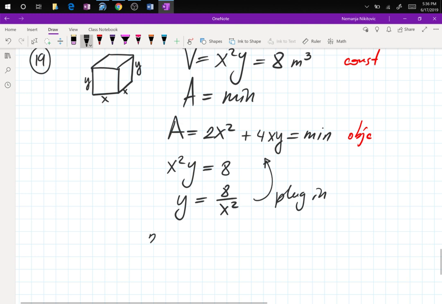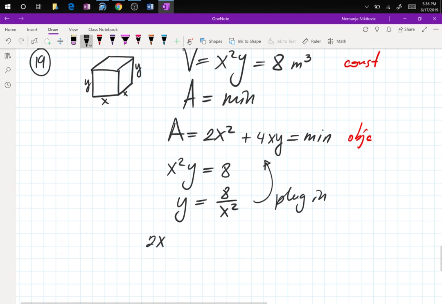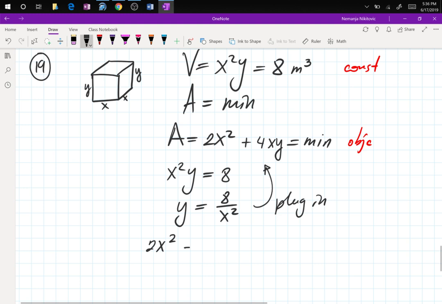So I have 2x squared plus 4x times 8 over x squared. That's where the y was. It's a minimum, which is 2x squared plus 32 over x equals a minimum.